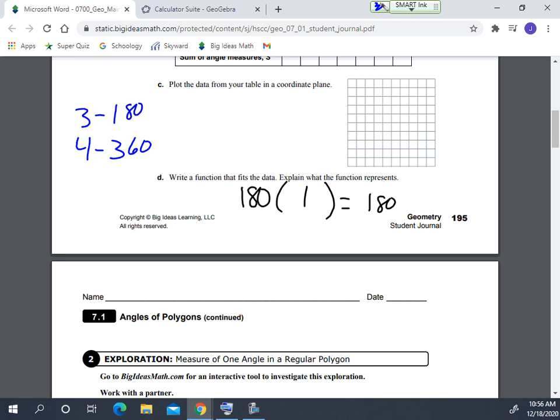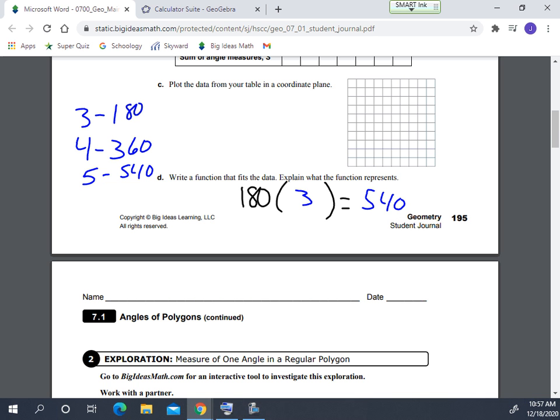So we know that this has to be multiplied by 2. And that's going to equal 360. And we know when we have 5, it's going to be 540. So we know that when 180 is multiplied by 3, we get 540.